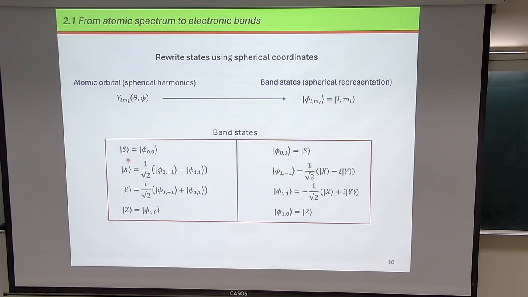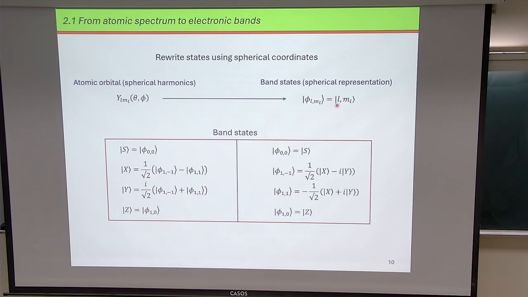Then I can decompose these bands. I will go from Cartesian coordinates to spherical coordinates, and express these bands in terms of the spherical harmonics, which are the eigenfunctions of the angular momentum.